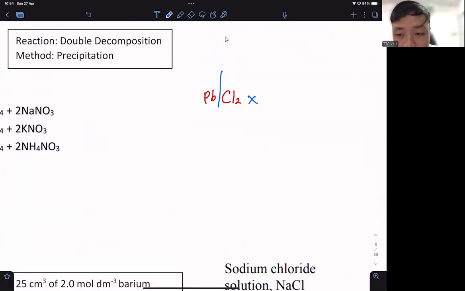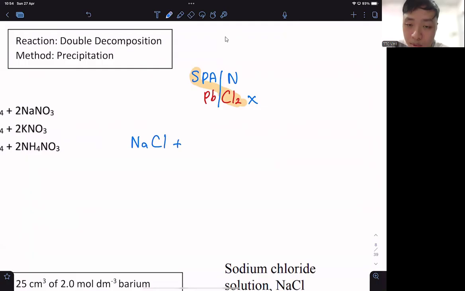So, in theory, you use soluble salts to prepare it. Soluble salts are always soluble, like SPAN, remember? Lesson 1, SPAN. So number 1, let's say you use sodium chloride as your reactant.